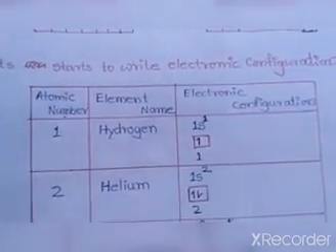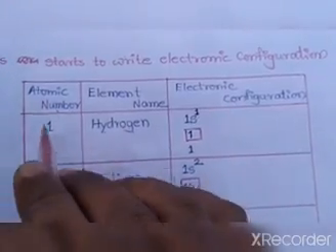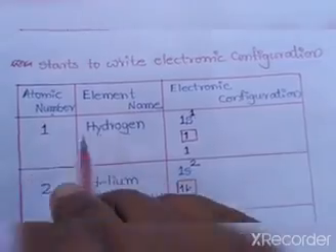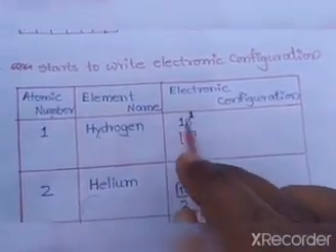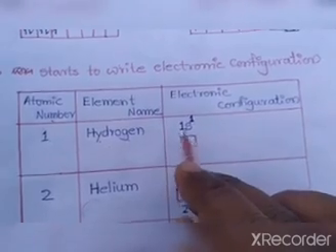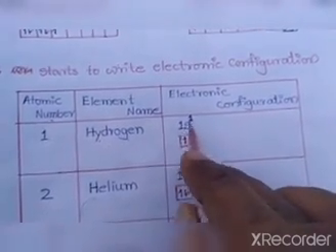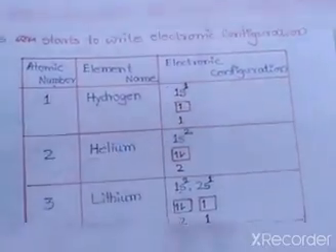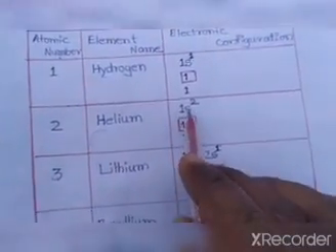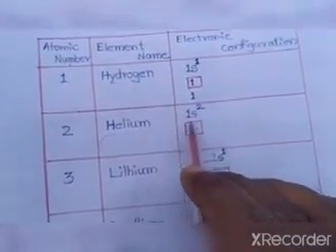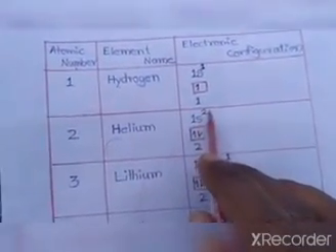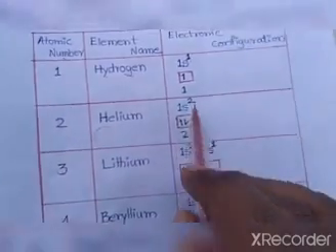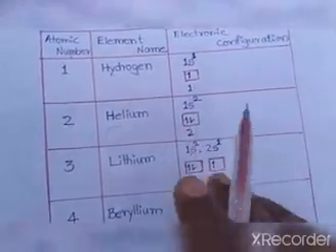Atomic number 1 means the number of electrons is also 1. Therefore it is the easy one. It will occupy the least energy orbital, 1s1. Second is helium, it is 1s2, because the s orbital capacity is 2. Therefore the second electron will again fill the s orbital like this.